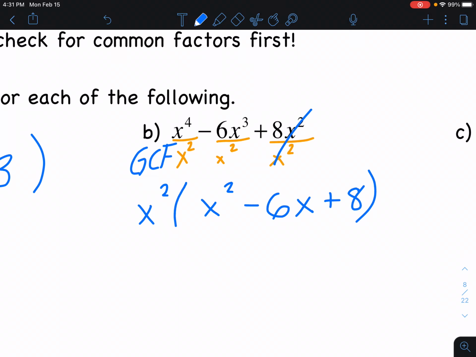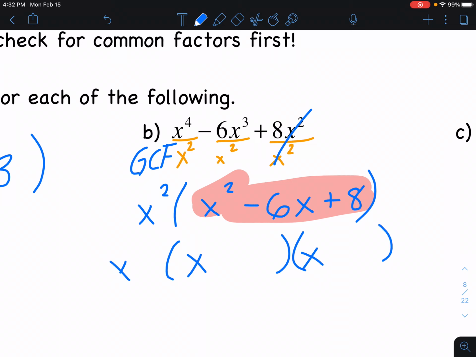Okay, so after that, take a careful look at what's in the parentheses here. We have what we learned on the previous problem A, where we have a trinomial. So I'm going to break this up into two binomials. And by the way, I am going to bring down my GCF. And I need two numbers that multiply to get 8, but add up to get -6. Now, I need to be a little careful here with sign rules.